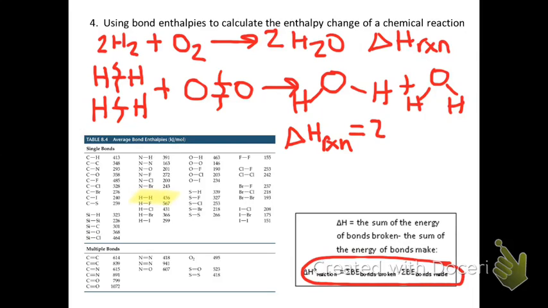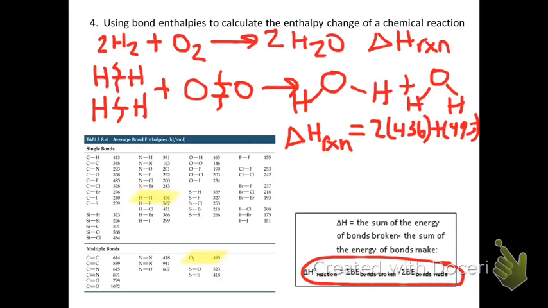It takes 436 kilojoules of energy to break it. So 436. And then we need to add that to the amount of energy to break the oxygen double bond, which is right there, 495. So we're going to add that to 495. I have to squeeze that in there.